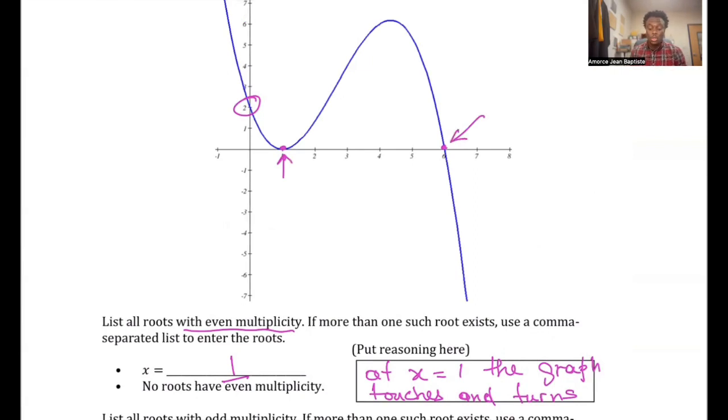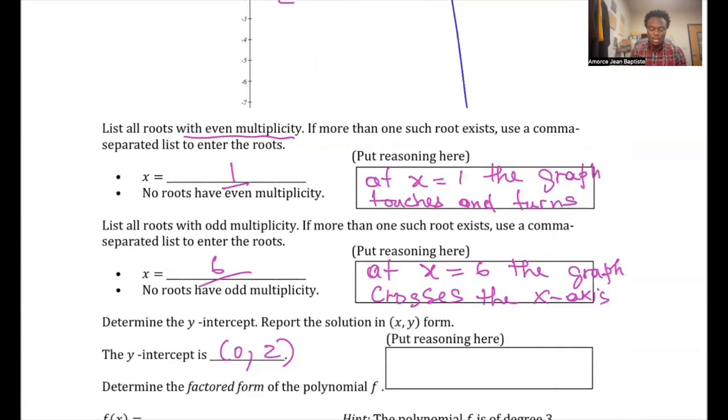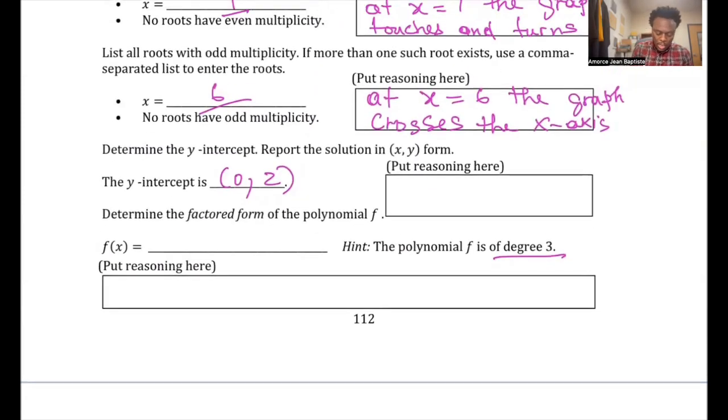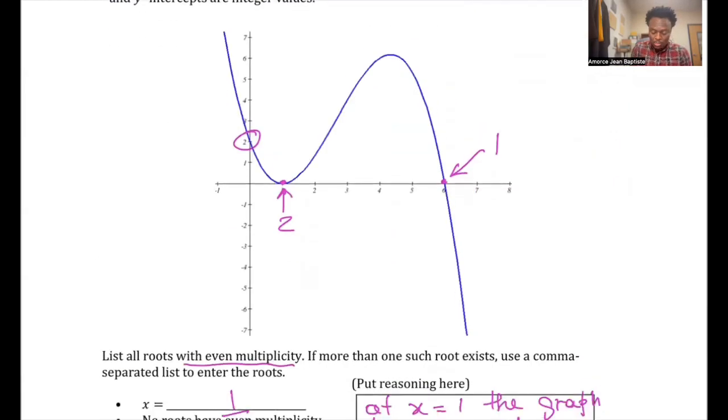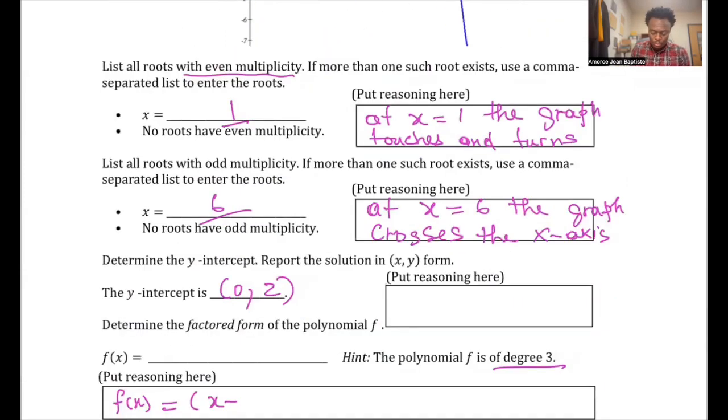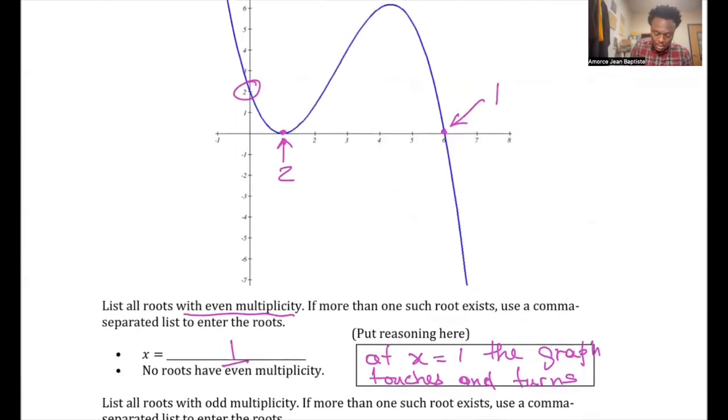So we know that it's going to be 2 multiplicity here and then 1 multiplicity here, which would mean that the function f of x will be, the multiplicities, not the values. Multiplicity for the zero x equals 1 is 2, and multiplicity for the zero x equals 6 is 1.